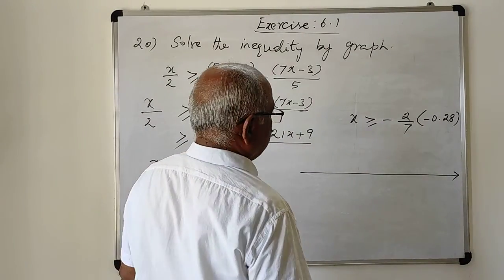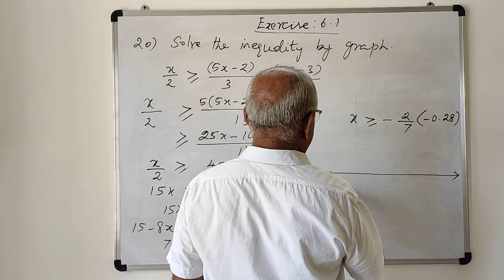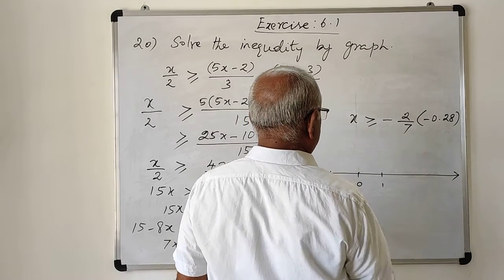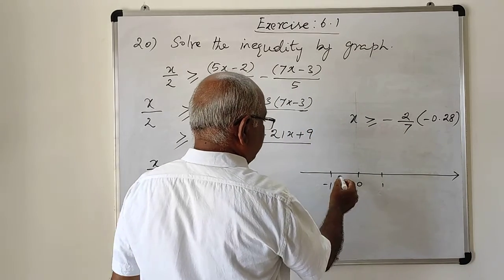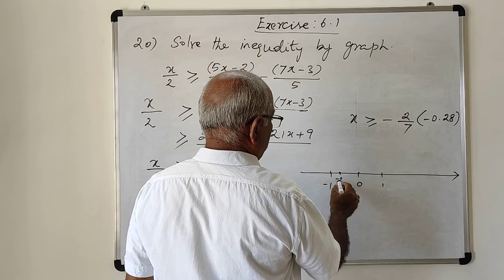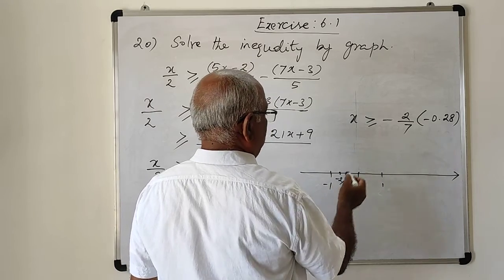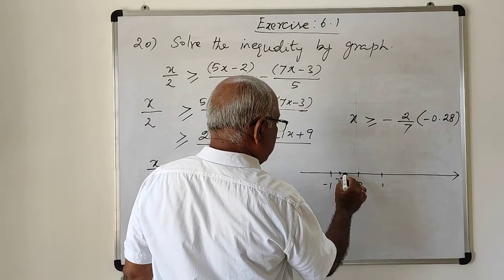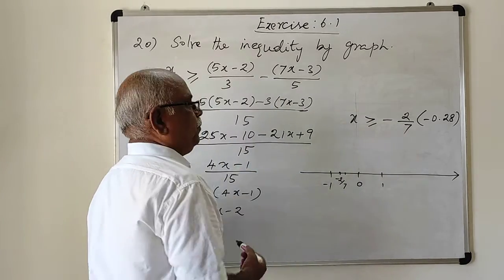This is minus 1 and this is 0, 1 and so on. Minus 2 by 7 is in between minus 1 and 0. This is minus 2 by 7, that is minus 0.28. That is, it is on the left side of minus 0.5.